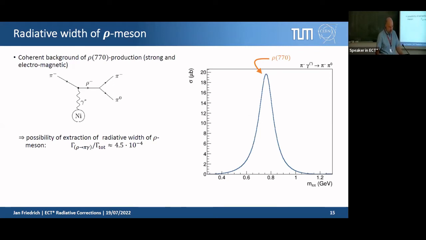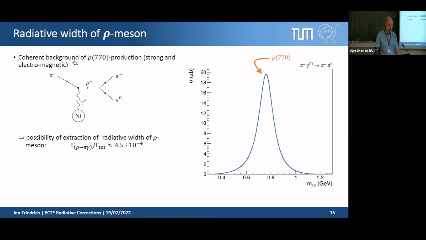The other point which comes into the game if we measure at high energies, and then the S spectrum or the 2-pion mass spectrum gets enlarged, is the rho resonance.